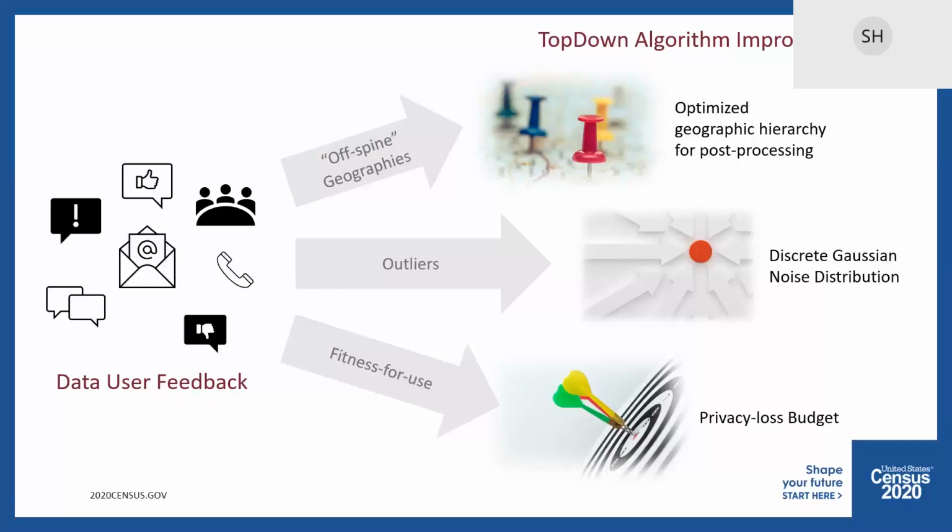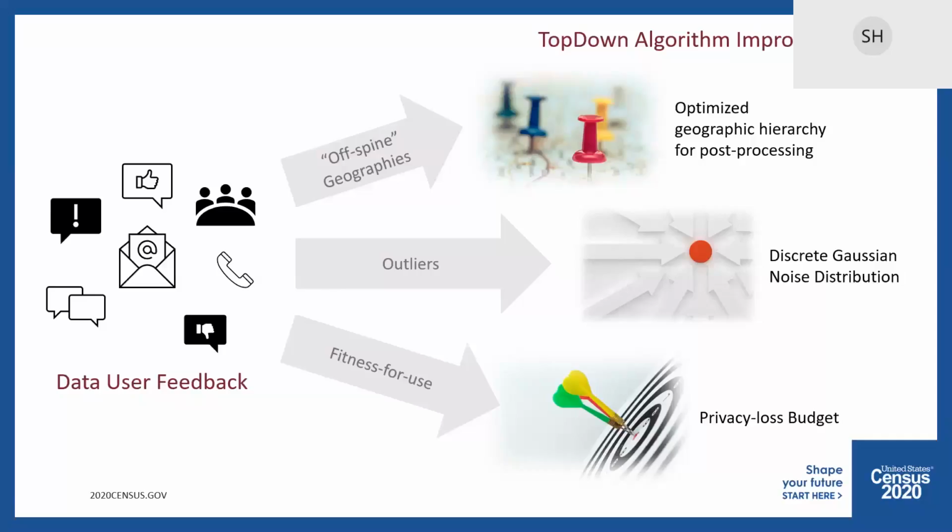So instead of using the discrete geometric distribution as we did in the past, we have transitioned to using a discrete Gaussian distribution. Now, this is a more complex statistical change here, but what it really means for the data is it flattens out those tail ends of the distribution. So it makes it significantly less likely that you'll get kind of outlier values of noise injected. And so, this change to the algorithm does significantly decrease the likelihood of outliers in the resulting data.